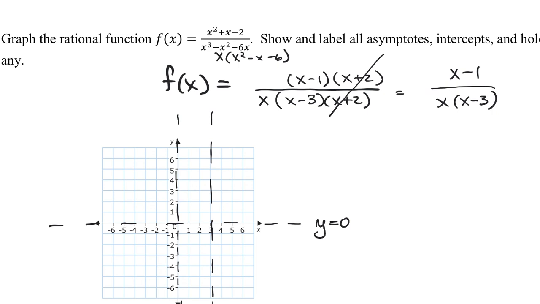Okay, so we did the vertical asymptote, we did the horizontal asymptote. Let's do the intercepts. We're going to find the x-intercept like we did in the last problem. We're just going to set the whole thing equal to 0 and solve.